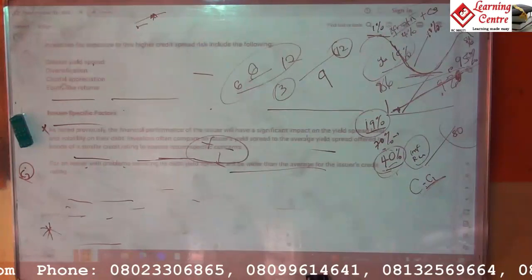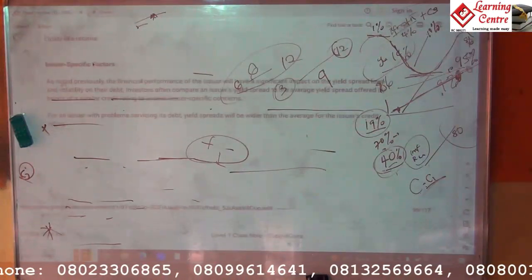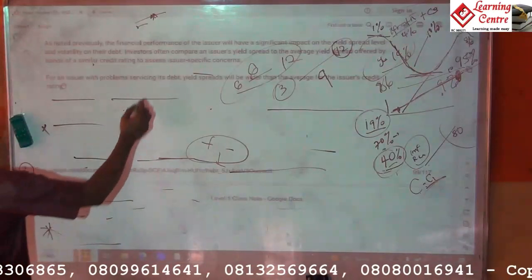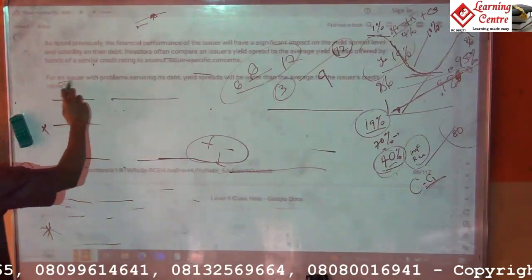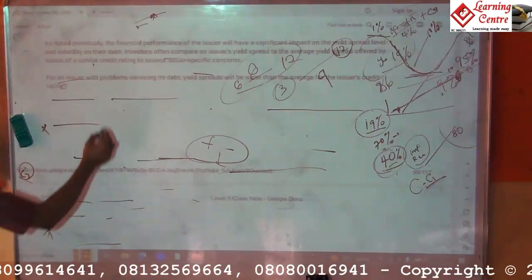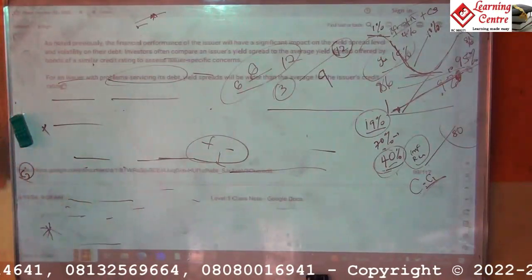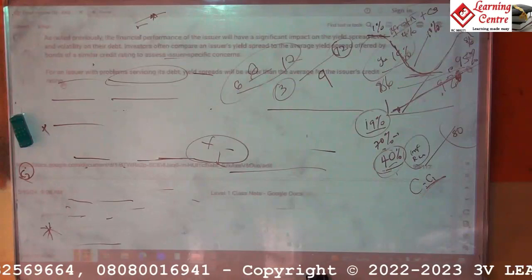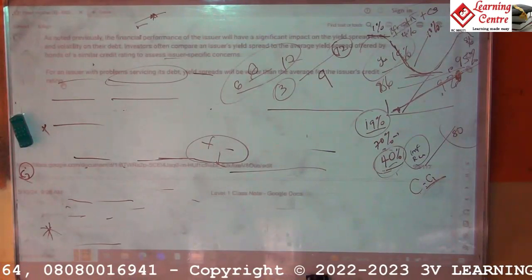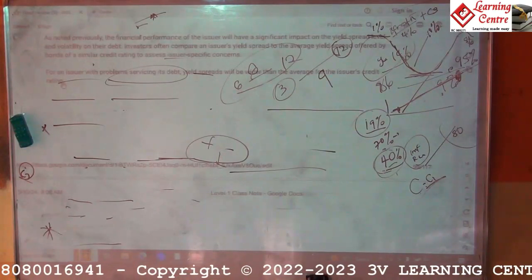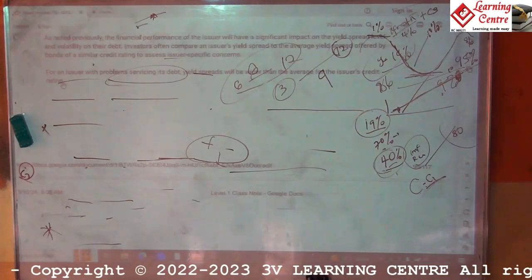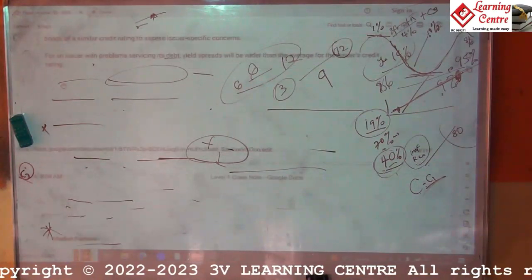Another thing is market-related factors. When the economy goes down, you are struggling to pay all the debts, you are facing limitations as borrowers, and this will start pushing the markets.